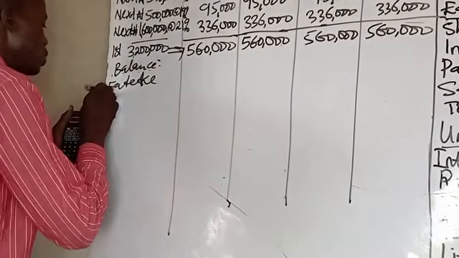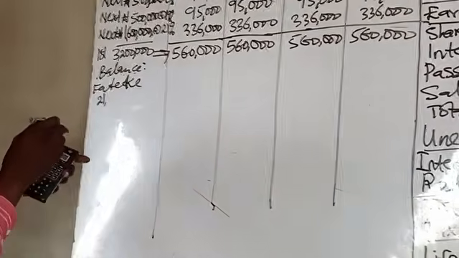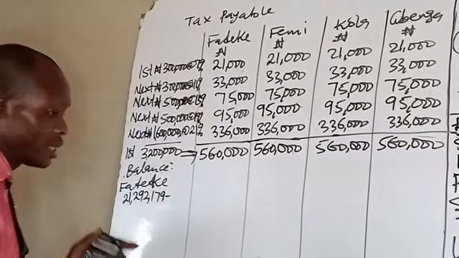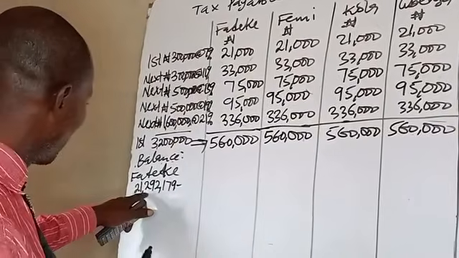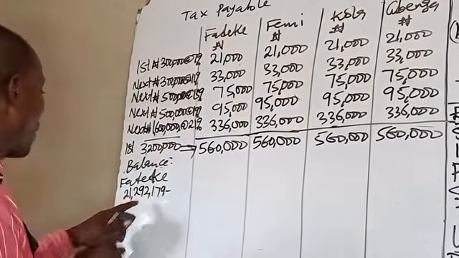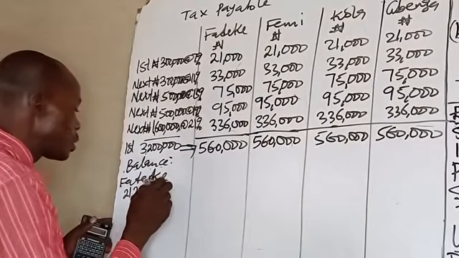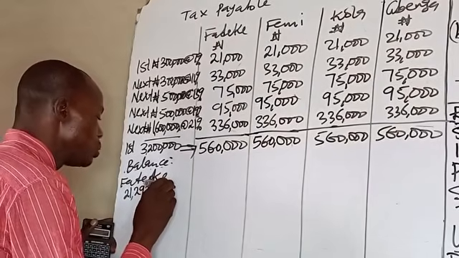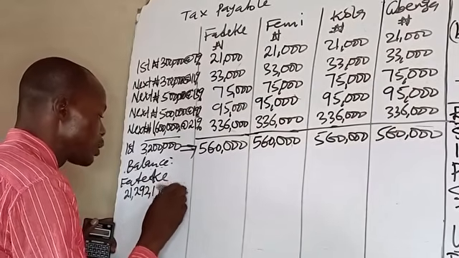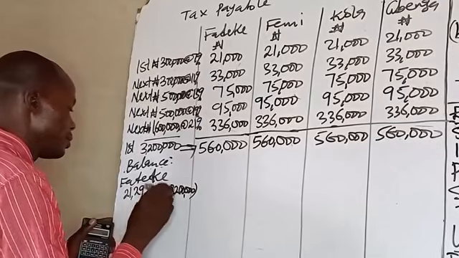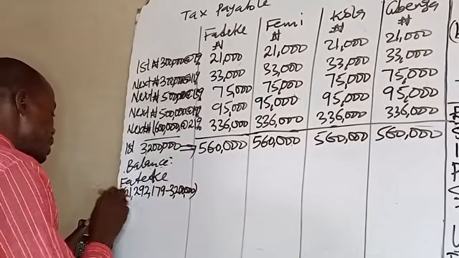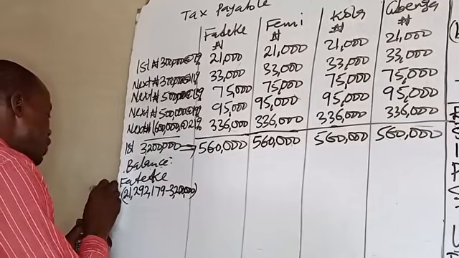Fadeke: 21,292,179 minus 3.2 million that has been taxed so far. Then what you have now, you apply 24% of that.